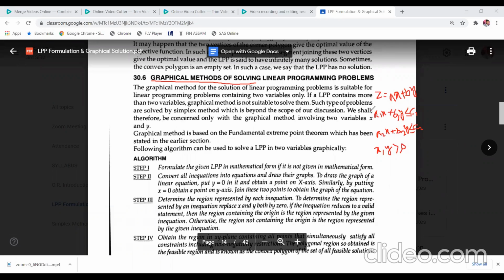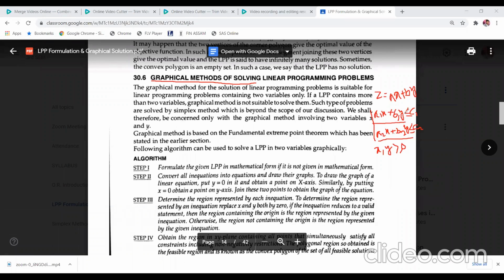In order to find the solution of the LPP, the second step is what? All the constraints are of the type inequations. Then in the second step, convert all inequations into equations.